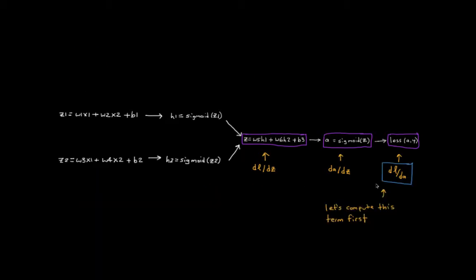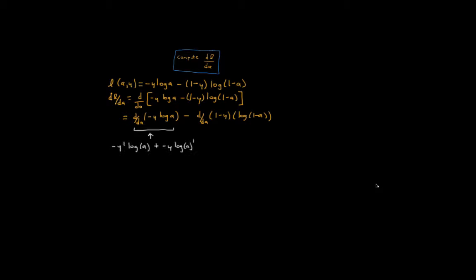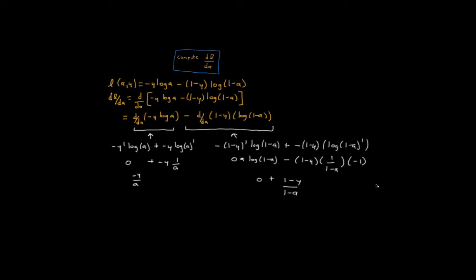So let's compute this dL/dA term first. We use calculus to compute the derivatives of a function, and I'm not going to talk about the steps to take for computing the derivative, but I show the steps here, and you can pause the video at any point to see how the derivative is computed. And when we've gone through all the steps, we find that dL/dA equals this term here.